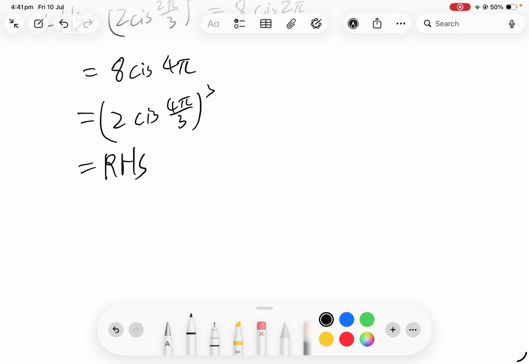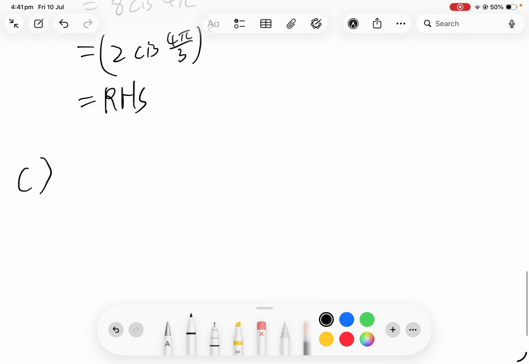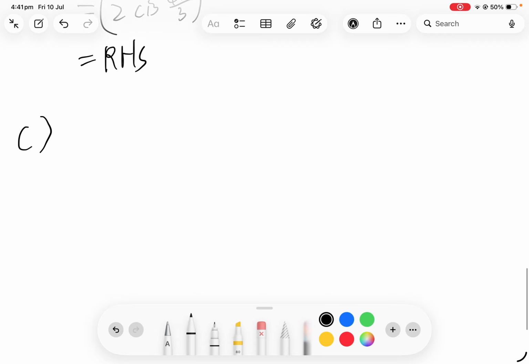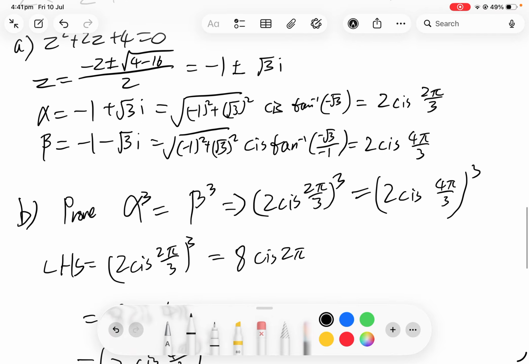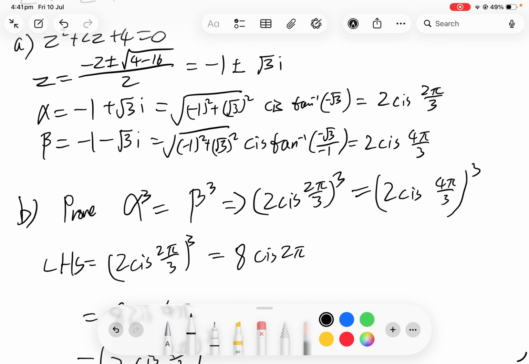And for part C of this question, it wants us to find the quadratic polynomial for which the roots are alpha plus beta and alpha take beta. Okay, so basically we can just write alpha plus beta equals, well, where's my alpha? My normal alpha is here. I want to use the rectangular form because polar form, when you're adding and subtracting, is just weird.